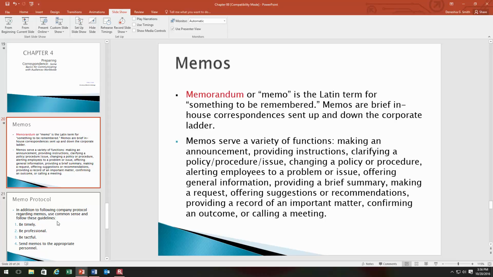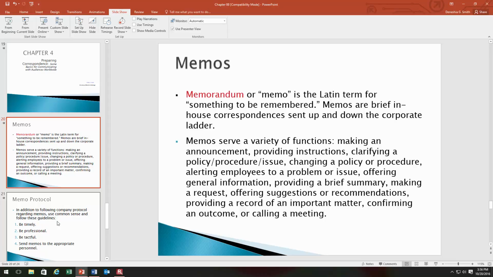You usually have those four lines, maybe another line or two after that. Sometimes instead of subject, it will say RE, meaning regarding, which is the same as asking what this memo is about. What is the point of this?